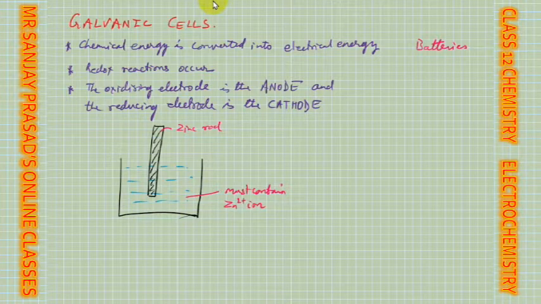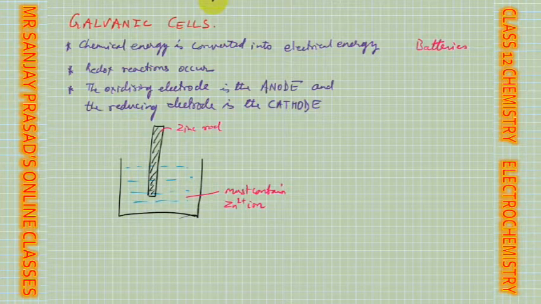Zinc and zinc ion. Clear? One is the metal, the other one is the ion. So zinc ion must be present, it could be zinc sulfate, zinc nitrate, zinc chloride, any solution like this, they will contain this ion.